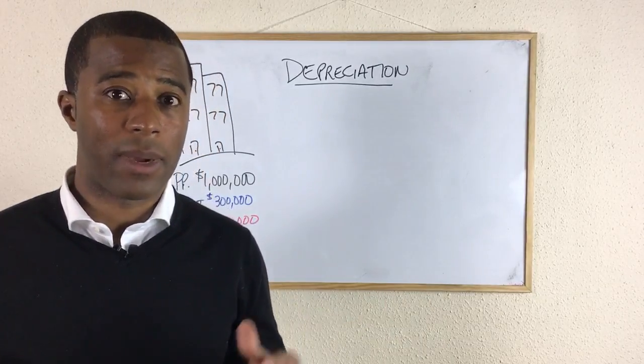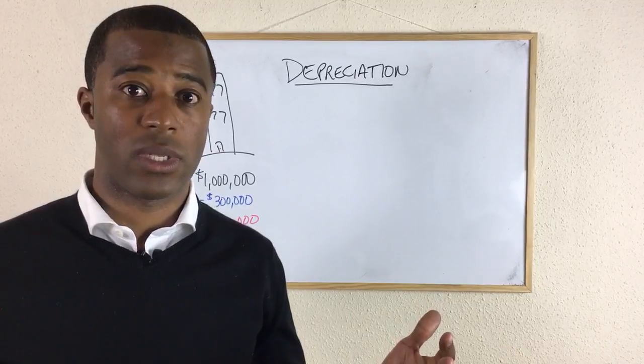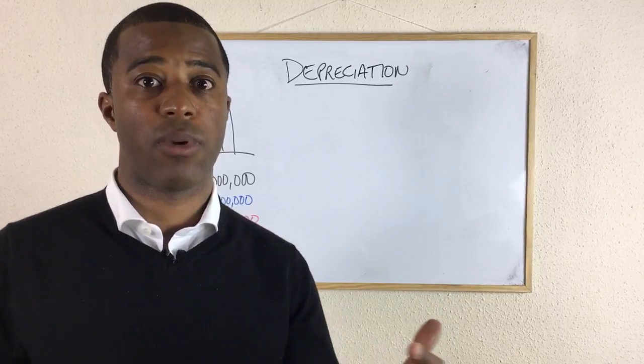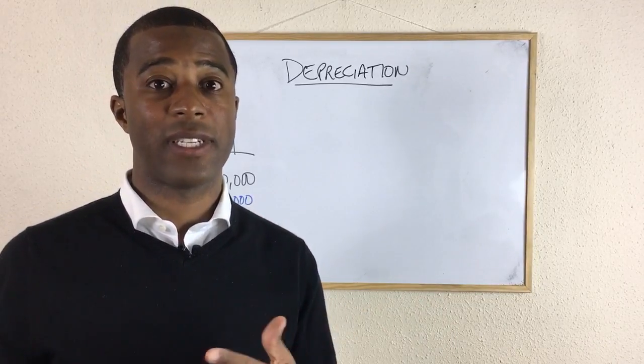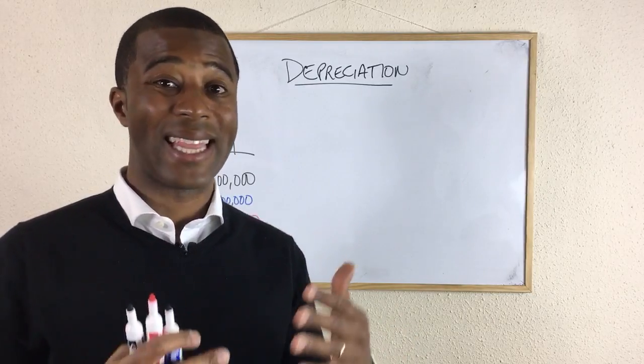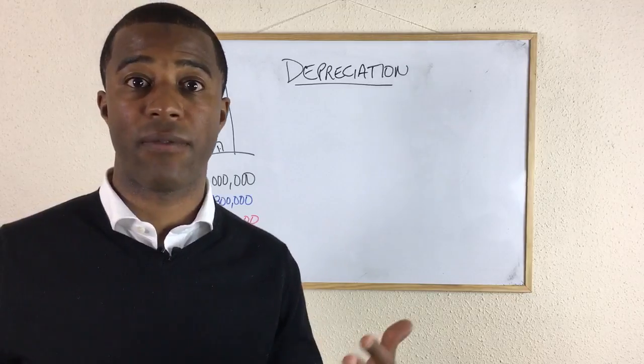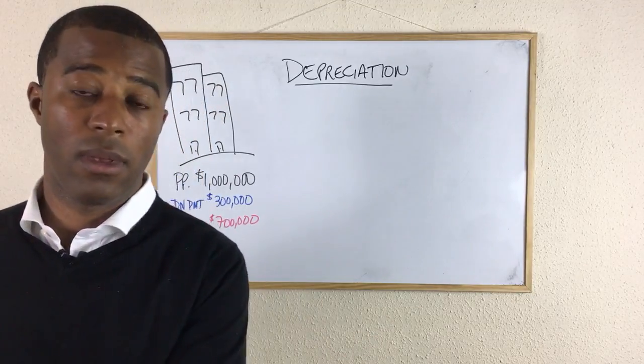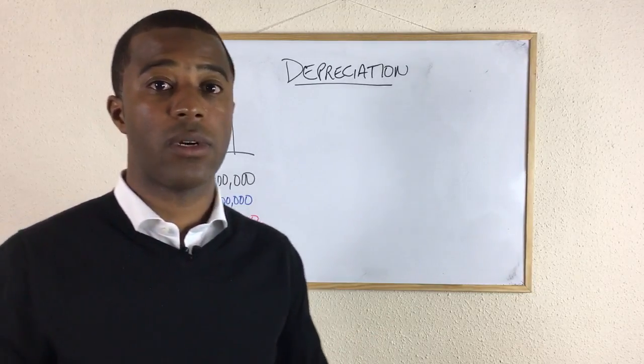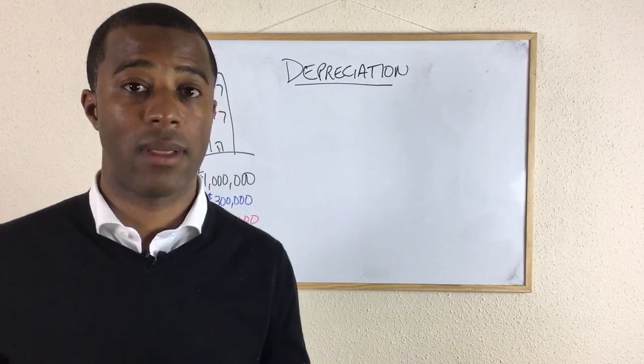Now, I'm going to have to use some assumptions here once again, because depending on where you purchase the property in the U.S., there is a split between what they call the land as well as the improvements, and it could be very different depending on if you're on the East Coast versus the West Coast, up north versus down south in the U.S.